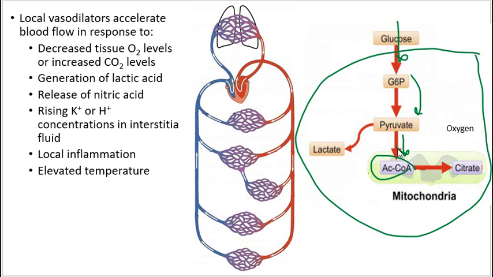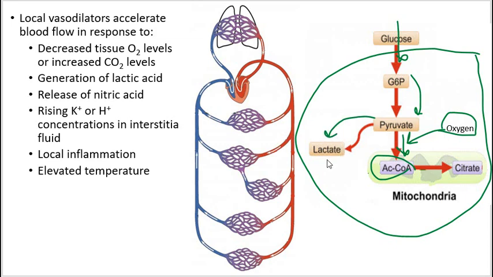But there's one condition: in order for pyruvate to enter the mitochondria, there has to be oxygen present. If there is no oxygen, pyruvate cannot enter the mitochondria and become acetyl coenzyme A. So what is the second, non-preferred choice? If there is no oxygen, pyruvate will have no choice but to convert to lactic acid.